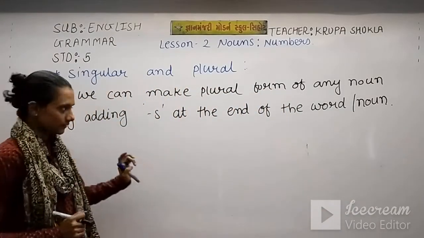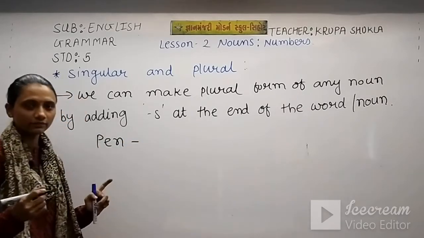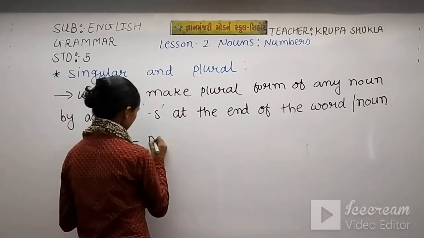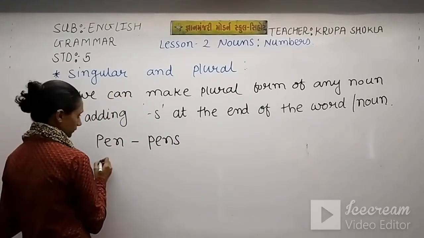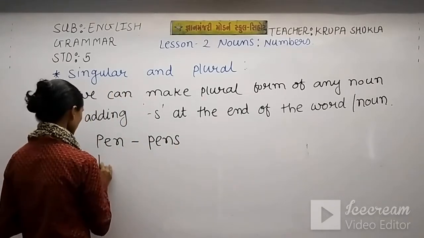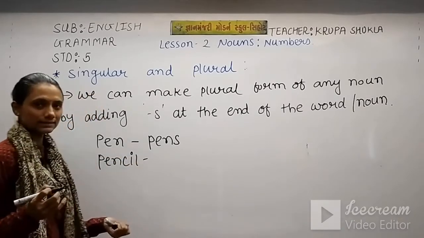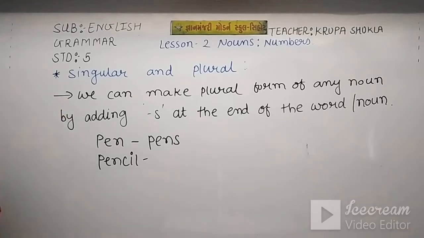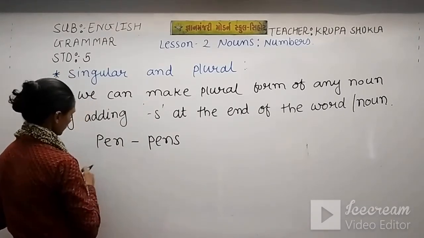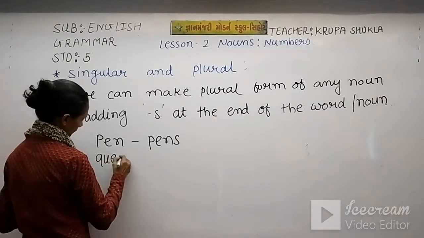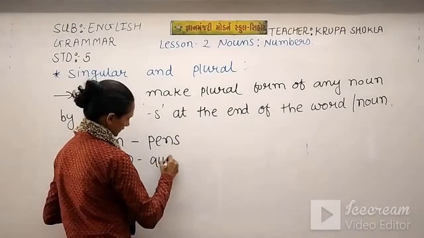It means, suppose we have here one word pen and we want to make this word plural, so we'll add s: pens. Or we have pencil, so we'll add s for the plural. We have the word queen which is given in your textbook.